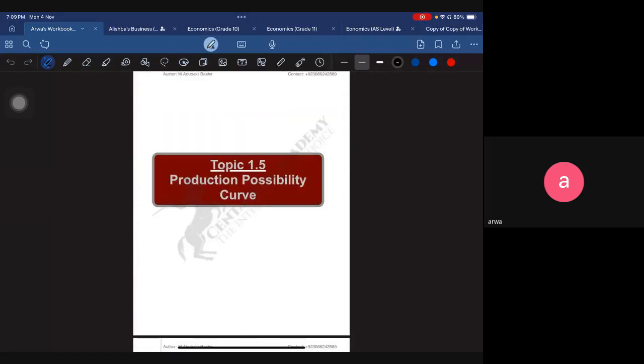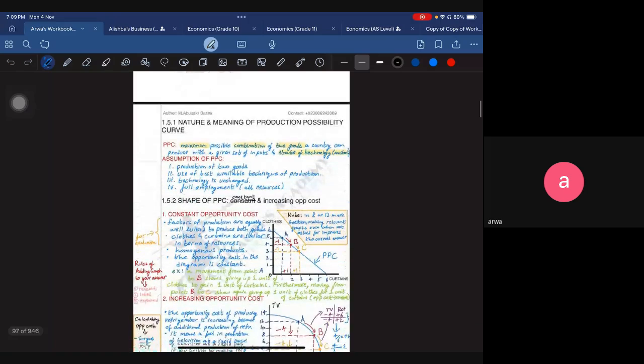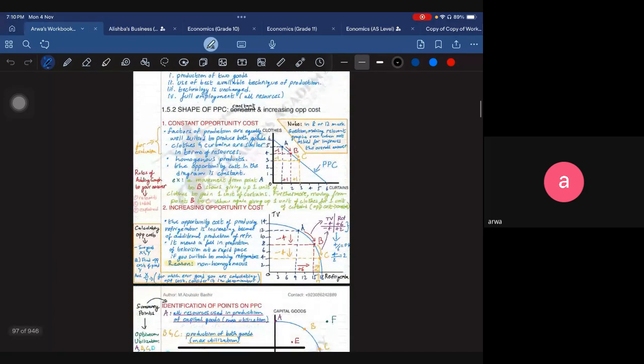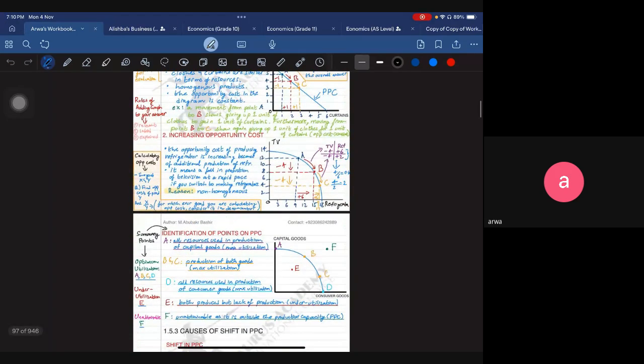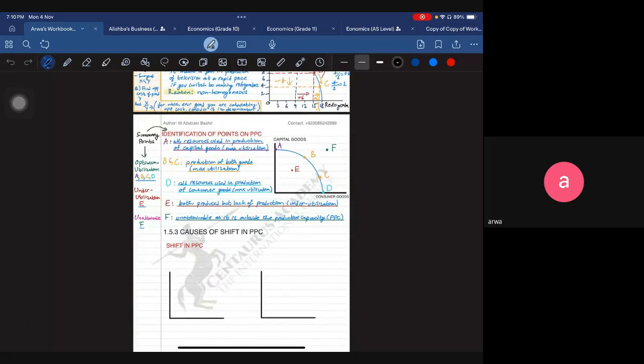Okay, so today we are going to start with the continuation of the production possibility curve. We studied what PPC is, its assumptions, and the difference between constant and increasing opportunity cost. We also identified the points on the production possibility curve.